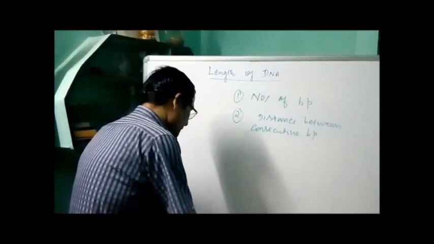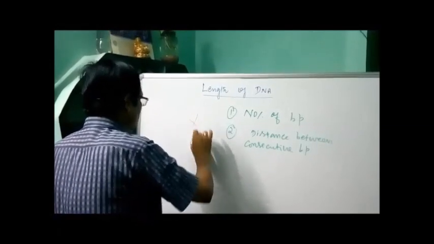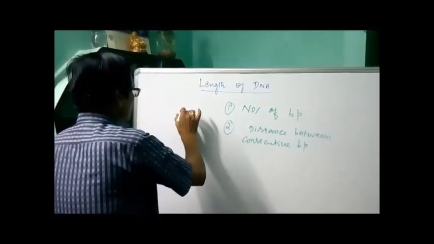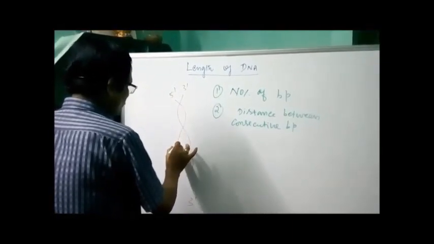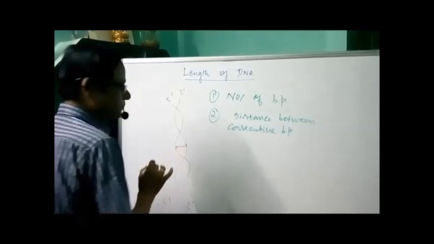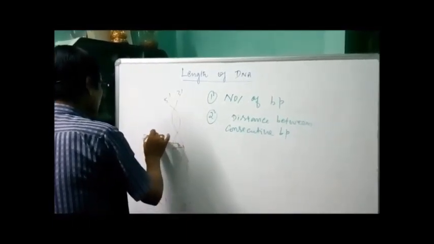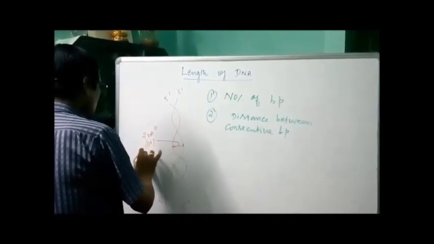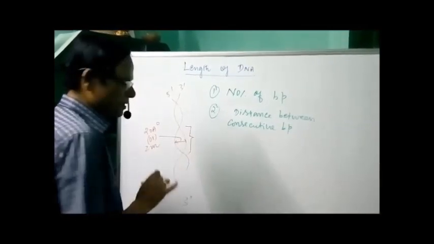DNA is a double helical structure, as we have seen already, with 5 prime, 3 prime, 3 prime and 5 prime ends. The diameter, as you know, is about 20 angstrom, or 2 nanometer. We have many turns in a nucleic acid.